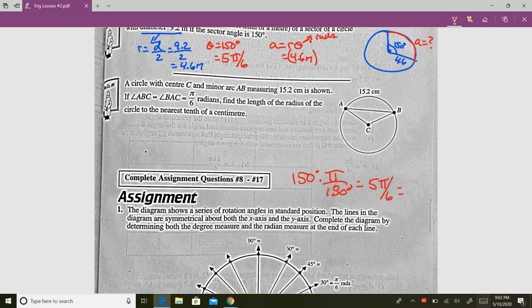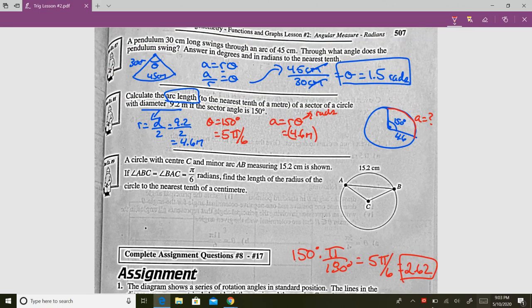This will get you there too, but it would probably give it to you in decimal, which is 2.62. You can use 2.62, you can use 5 pi over 6, it does not matter. Either one, you can't use 150, you have to convert it to radians.